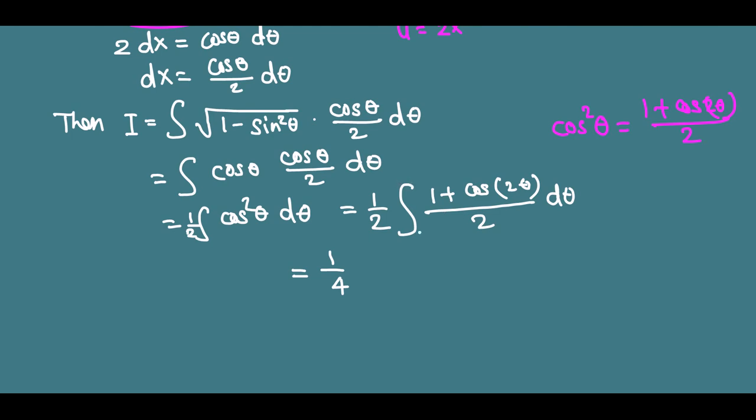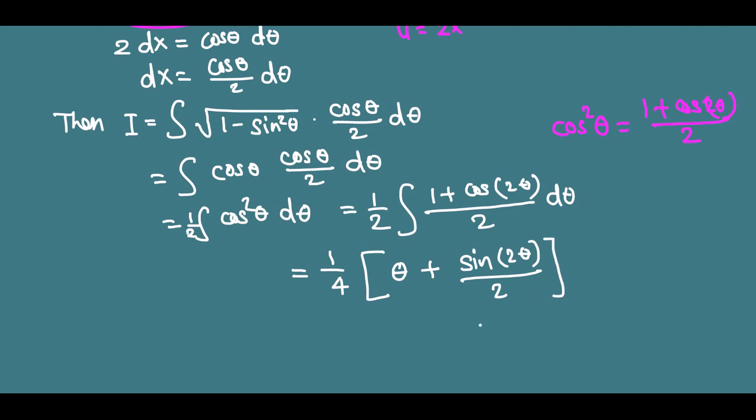Then in brackets, the integral of 1 is x, but the variable is theta, so theta, plus the integral of cosine 2 theta is sine 2 theta, and we need to divide by 2. It comes by u substitution. The integral of cosine 2 theta is sine 2 theta divided by this factor 2.